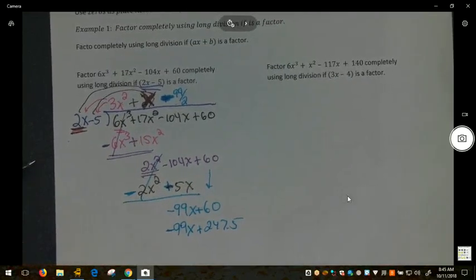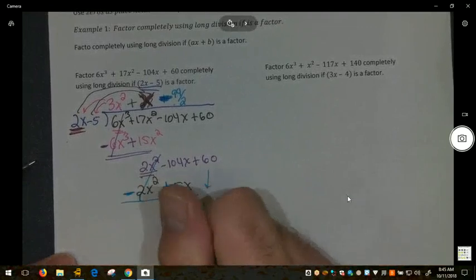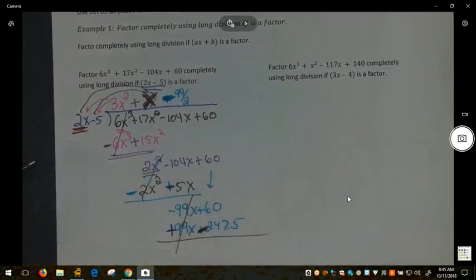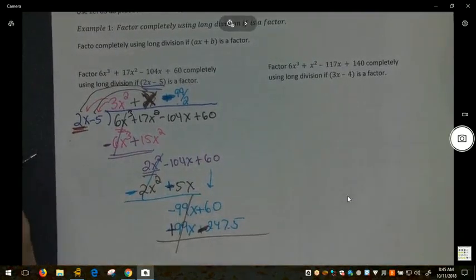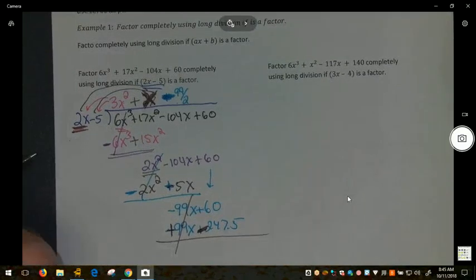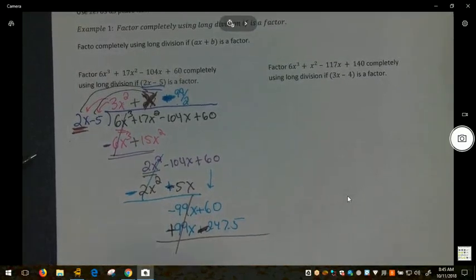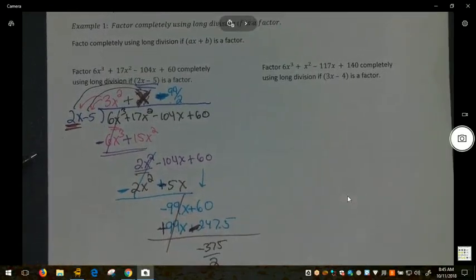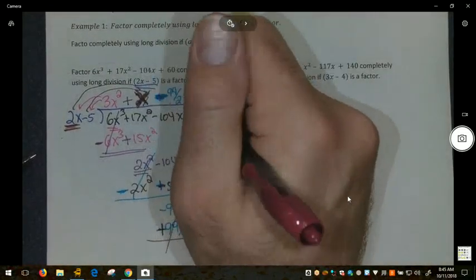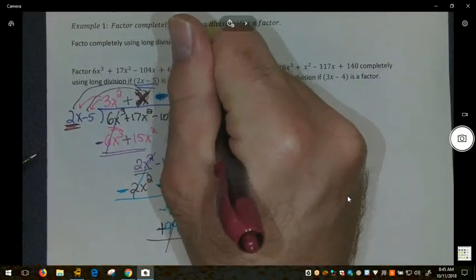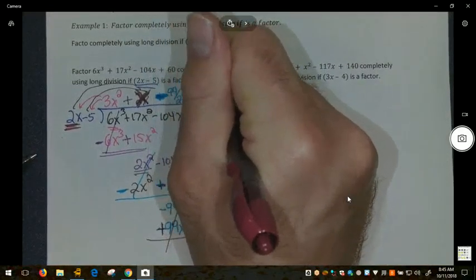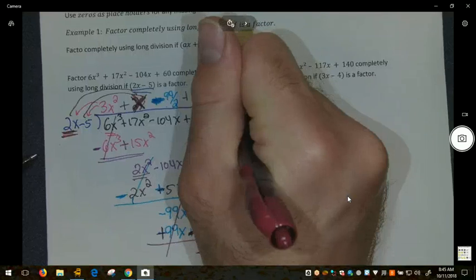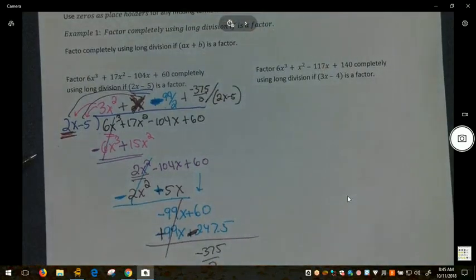Key step to remember: change the signs on everything that we just generated and combine like terms. 60 minus 247.5, as a fraction, is negative 375 halves. So we have that as our remainder, plus negative 375 halves over the divisor 2x minus 5.